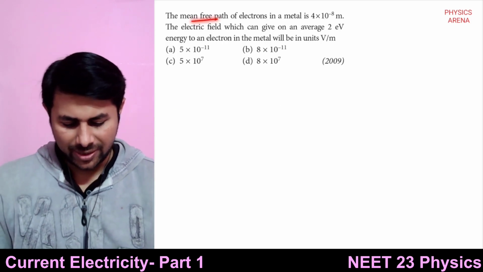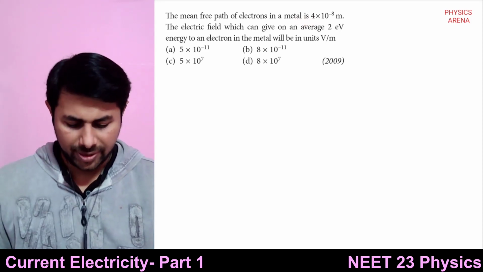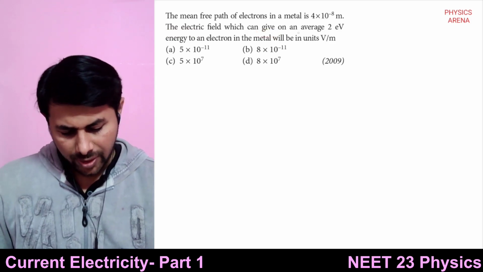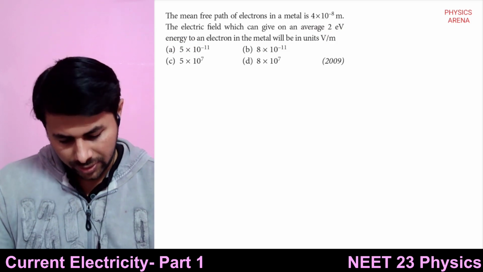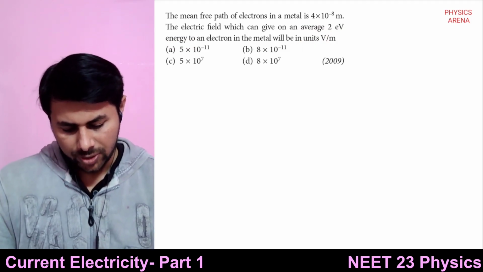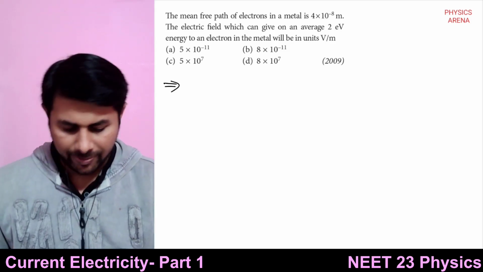The mean free path of electrons in metal is 4 multiplied by 10 raised to minus 8 meters. The electric field which can give on an average 2 electron volt energy to an electron in the metal will be in units. What is mean free path? So what is free path basically?